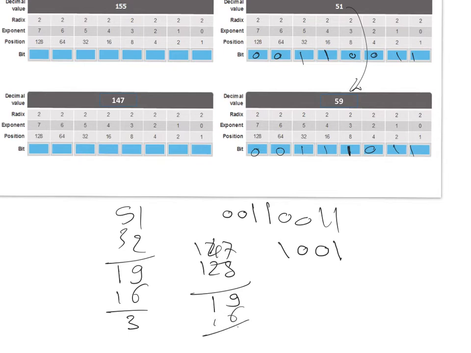And again, 16 leaves 3, so 0011. So that's 1001 0011. And again here, this is 0 and this is 1. The only difference between this and this is again 8. So I don't have to do the calculations again. I can do it very fast.